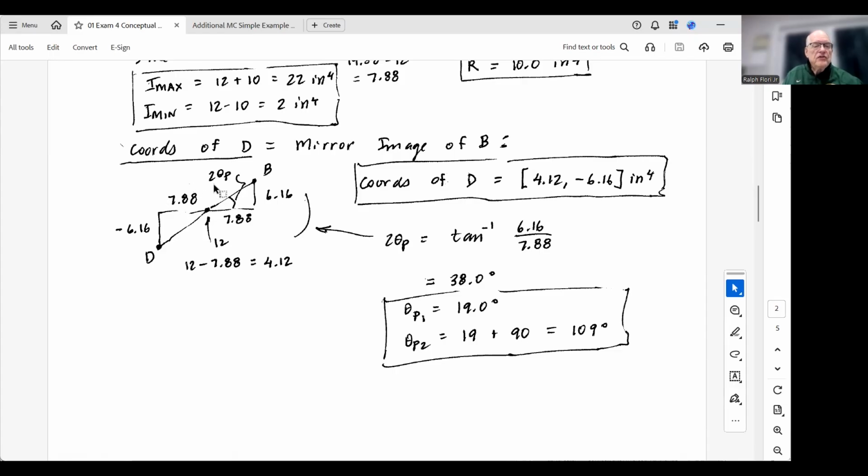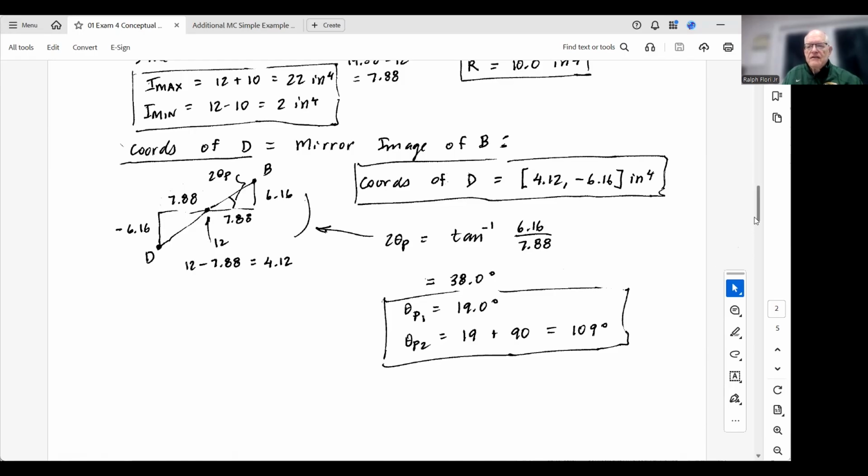So 142 on the Mohr circle is the angle from B to the I min, and dividing that by 2 gives 71, so 71 degrees is the angle from B to the I min on the cross section, the original area.